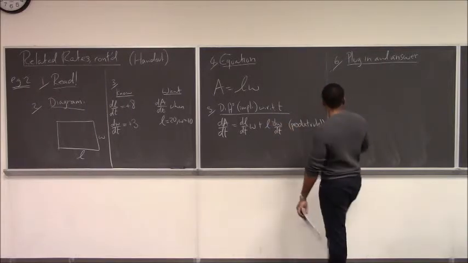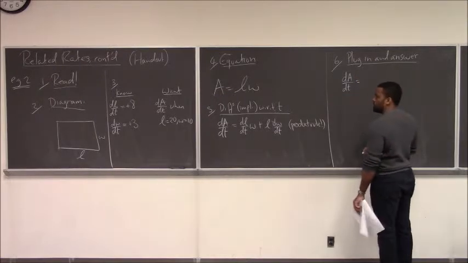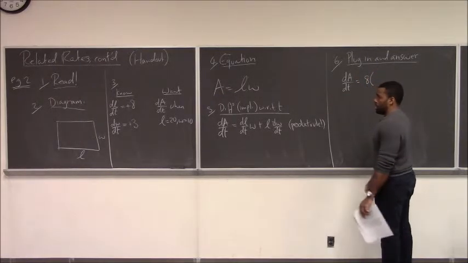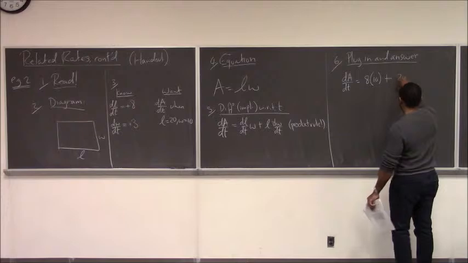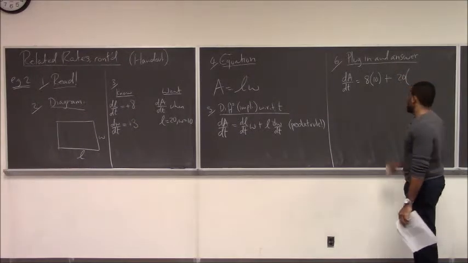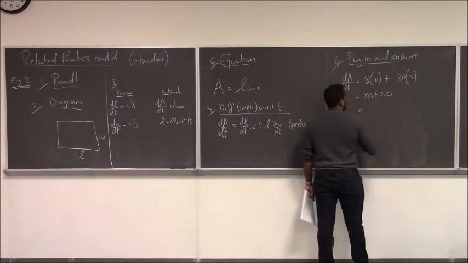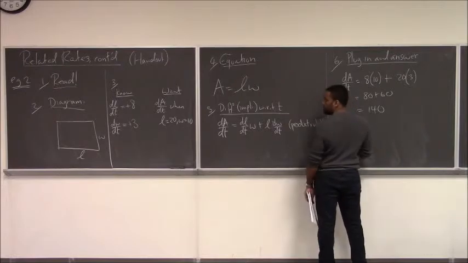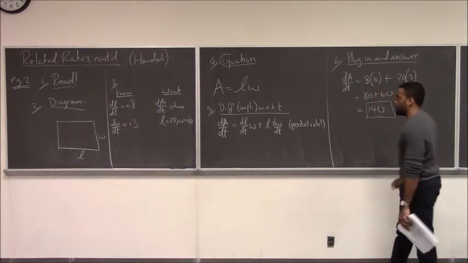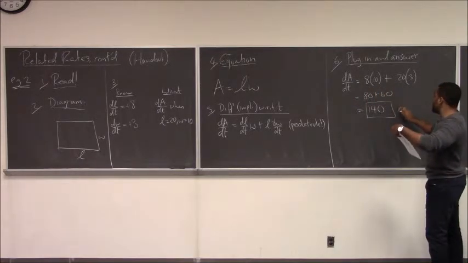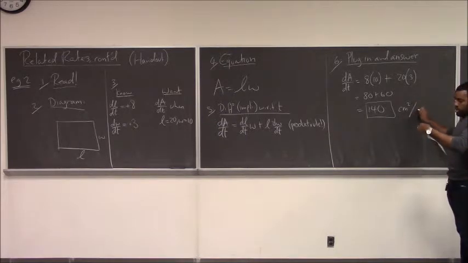I seem to have everything, so I'm just going to plug in. dL/dt is 8, times W is 10, plus L is 20, times dW/dt is 3. This gives me 80 plus 60, which is 140. And this is area. Now, again, I don't particularly care about the units, but this would be centimeters squared. That's the unit of area, the square of a length per second.